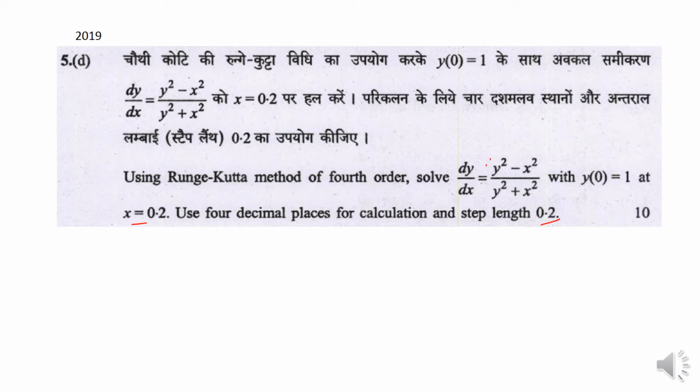So we know the fourth order formula. In the formula we will calculate the values and put the values in the final formula, that is y1 is equal to y0 plus k, then y2 is equal to y1 plus k.